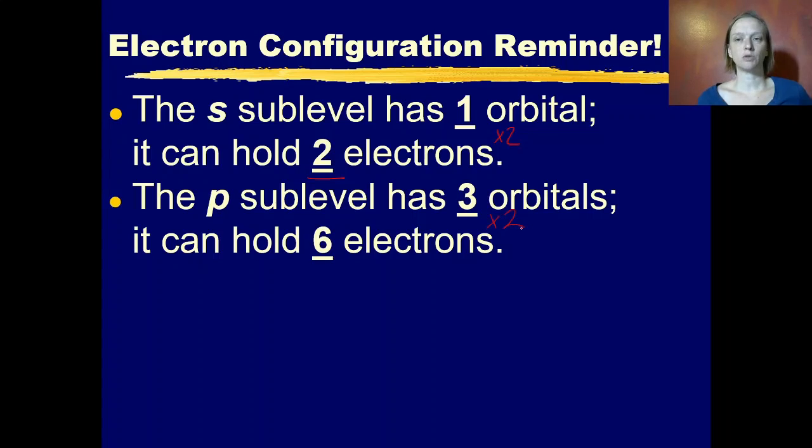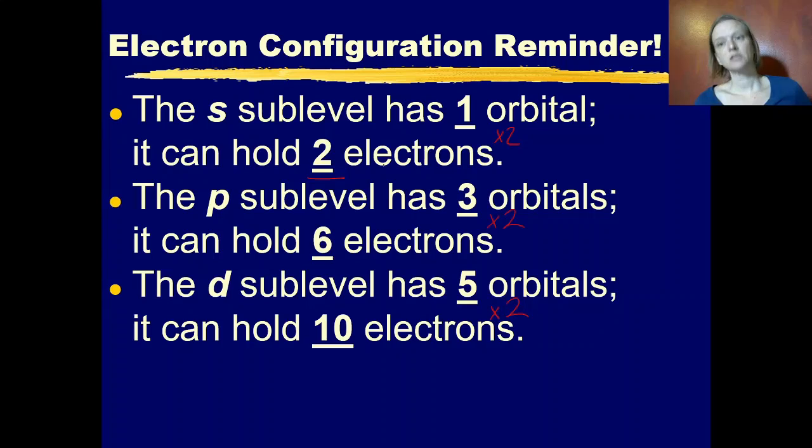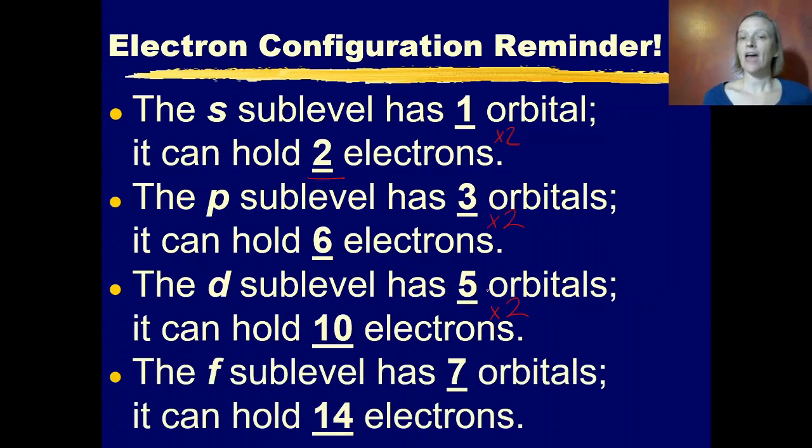Each orbital holds 2 electrons, so the p sublevel total can hold 6 electrons. The d sublevel has 5 orbitals. Each orbital can hold 2 electrons, so total the d sublevel holds 10 electrons. And the f sublevel has 7 orbitals. Each orbital can still hold 2 electrons, and so the f sublevel holds 14 electrons total.